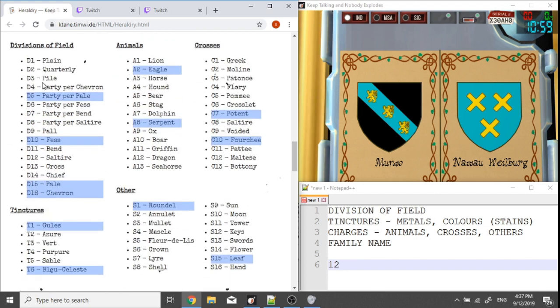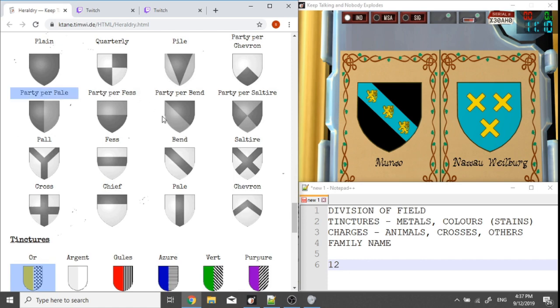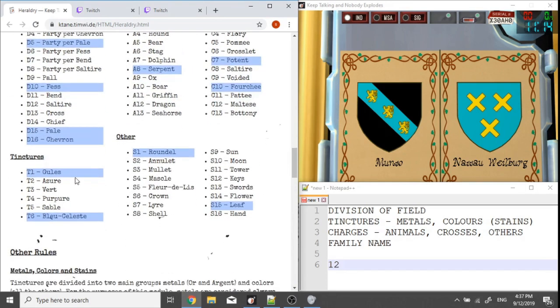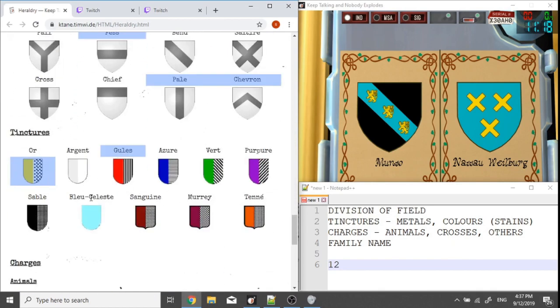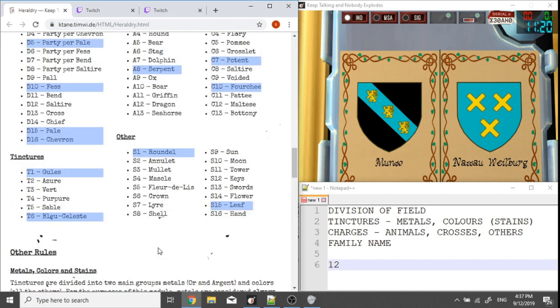Okay, so let's go highlight in our appendix what these valid ones are. So we have party per pale, fierce pale chevron. Our valid tinctures are gold and blue celeste.